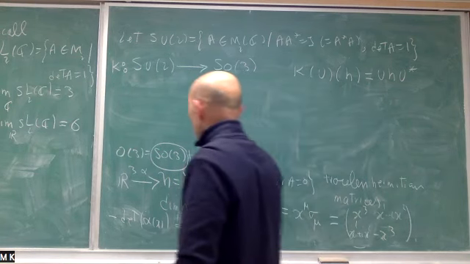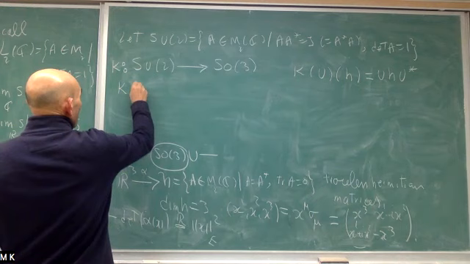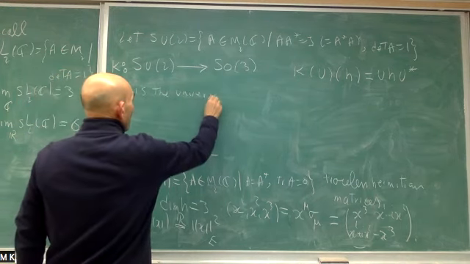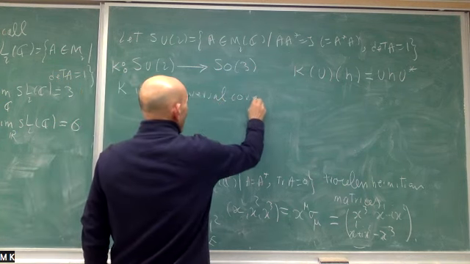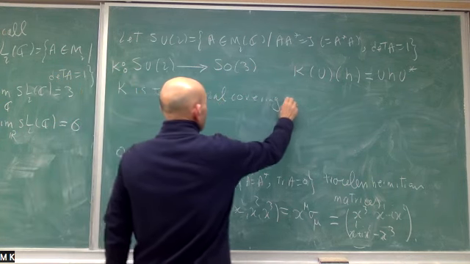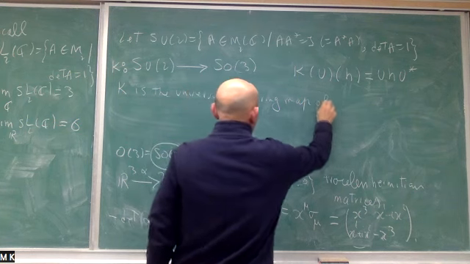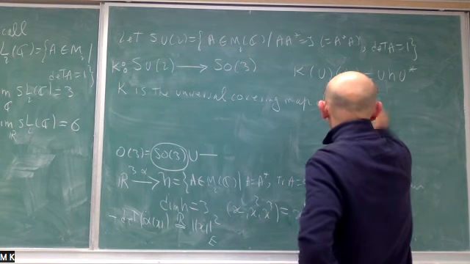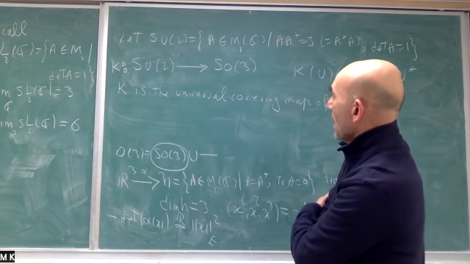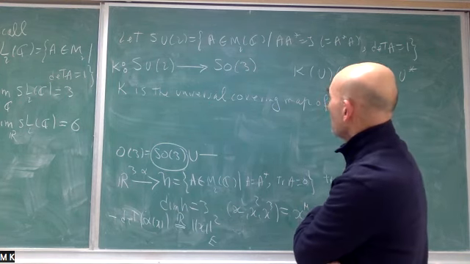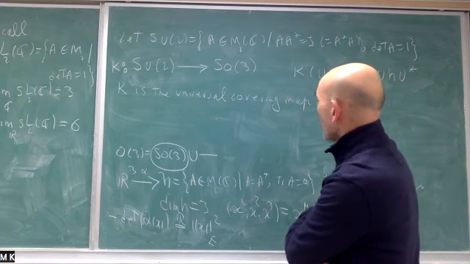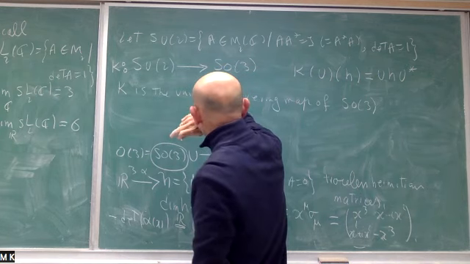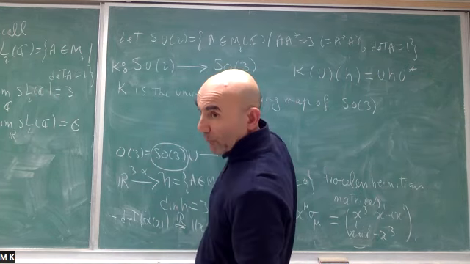So K is the universal covering map of SO3. Now what happens in this case? Well, this is a three-dimensional Lie group. And the map is 2 to 1, by the way, again similarly.